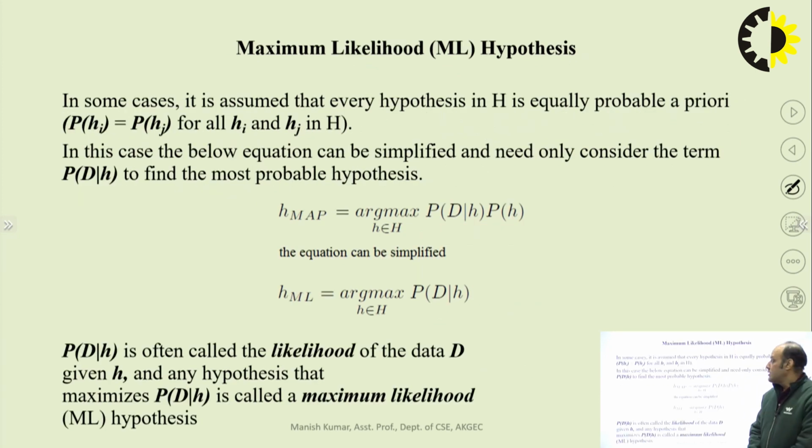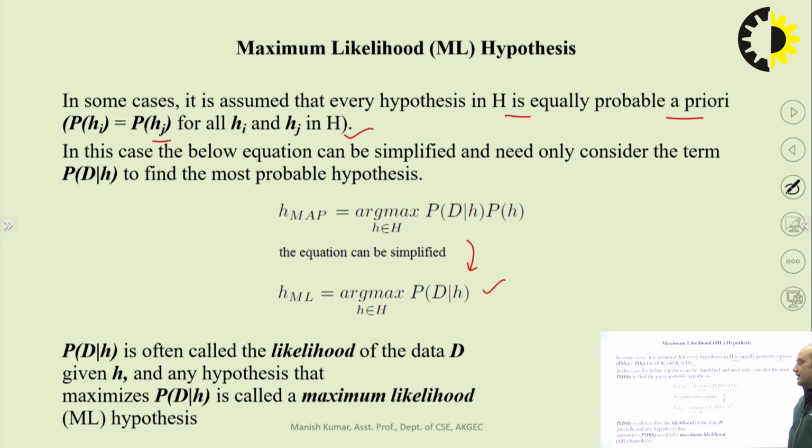In some cases it is assumed that every hypothesis in H is equally probable a priori: P(hi) equals P(hj) for all hi and hj in my hypothesis space. So this equation can be simplified.